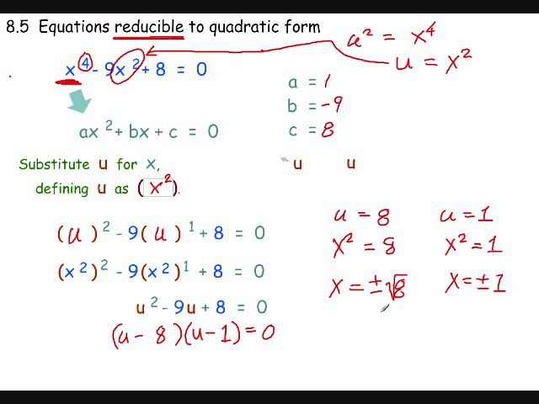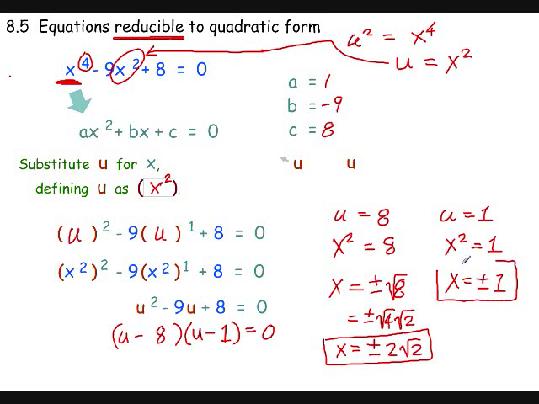Now let's see what we can do with this. We can make this a little prettier, can't we? Plus or minus the square root of 4 times the square root of 2, plus or minus 2 square roots of 2. I hope you see just how we got there.